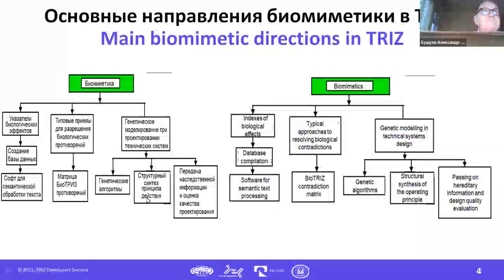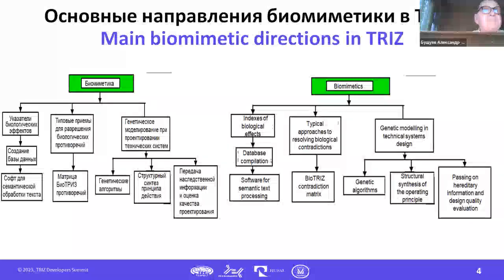So we see that there is this structural synthesis and passing on hereditary information and design quality evaluation. So we will focus on this specifically. I will speak about it right away.